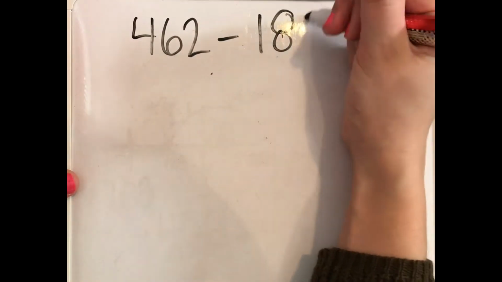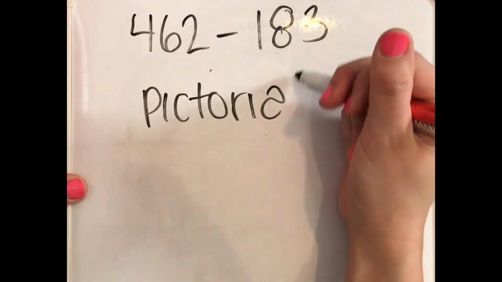Now we will go back to the whiteboard, and I will show you this equation through a pictorial representation using a little graph with the hundreds, tens, and ones columns, and drawing our base 10 blocks on an actual whiteboard. So here we have 462 minus 183.